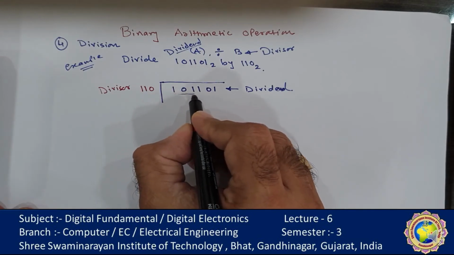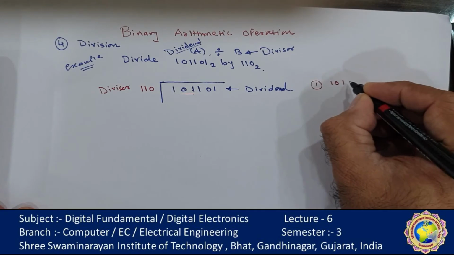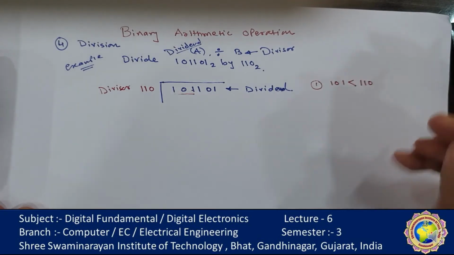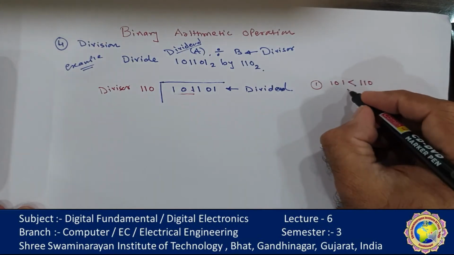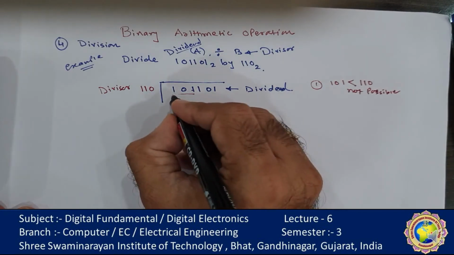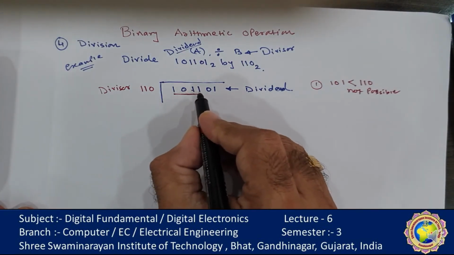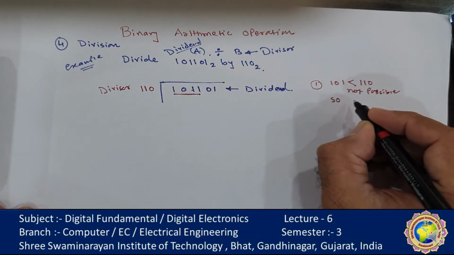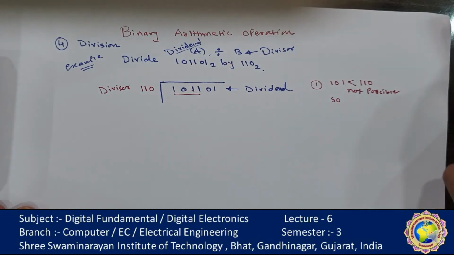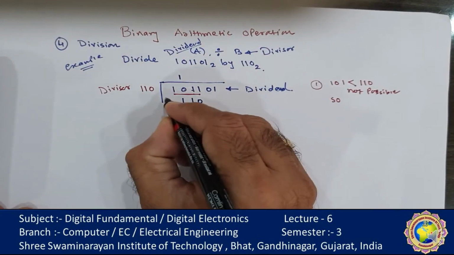So here 3 bits, 1 0 1, is less than 1 1 0. So not possible. So now we have to check the 4 bits. 1 0 1 1. So we take 4 bits and subtract in this way, 1 1 1 0.